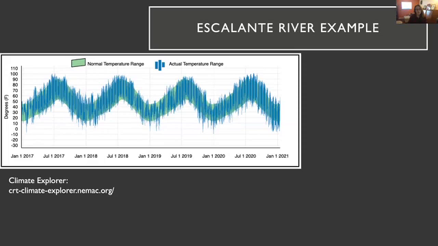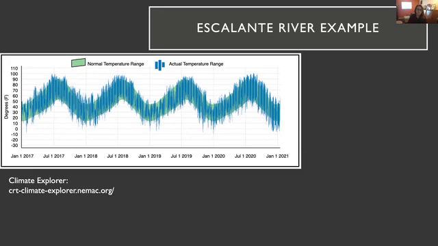So trying to tie this all together, I wanted to take a quick look back at the Escalante River example that we were introduced to earlier this afternoon. So using some of the services and the tools that I've mentioned in this presentation, I've gathered some weather and climate information that might be useful in adapting this project in anticipation of future climate change.